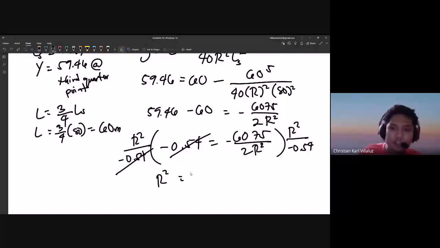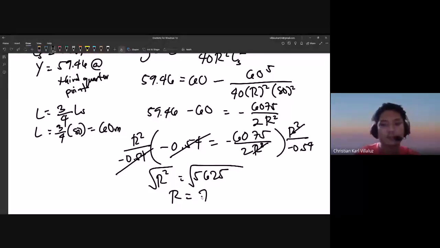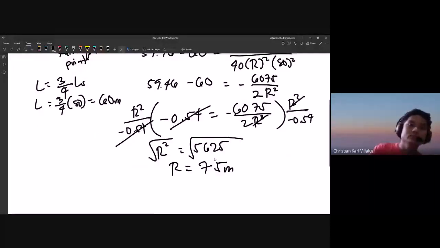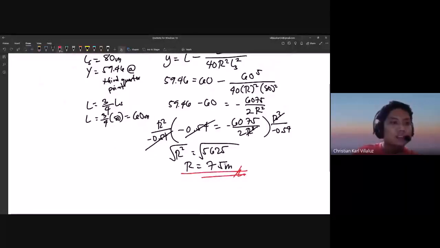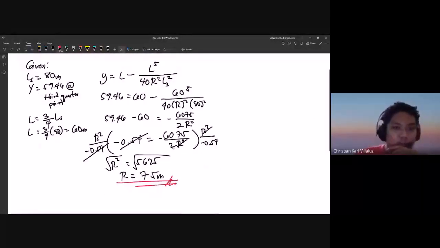Okay, positive 5625. Ay, sorry. Cancel out na yung r squared dito. So, take the square root of both sides. Square root of that is 75. Unit natin ay meter. Okay. So, yun lang class sa problem na to.